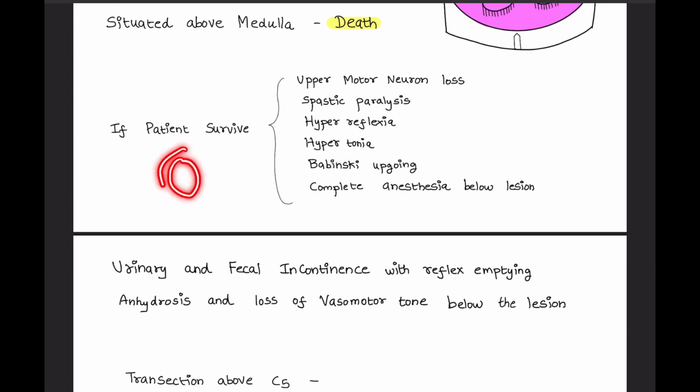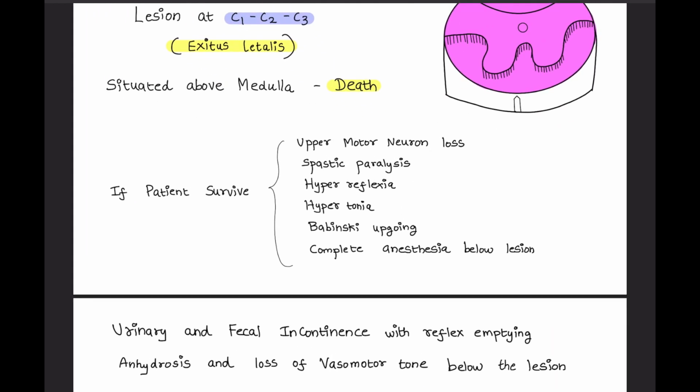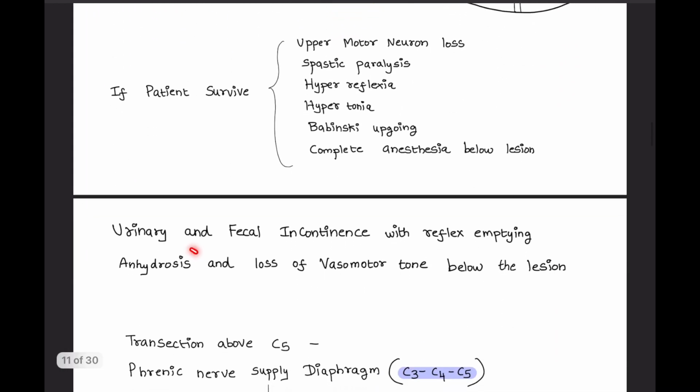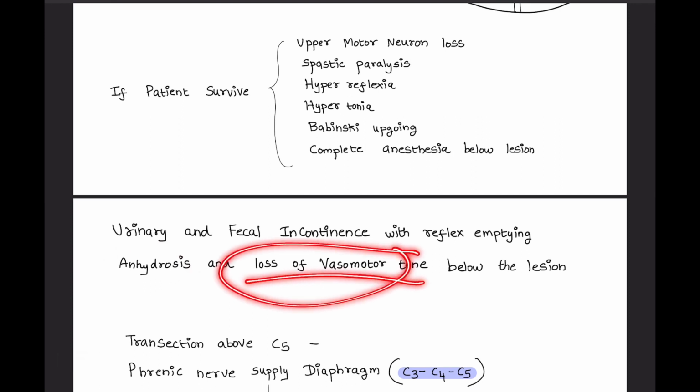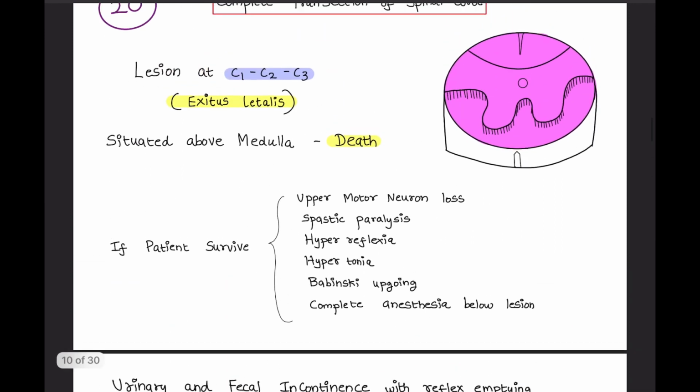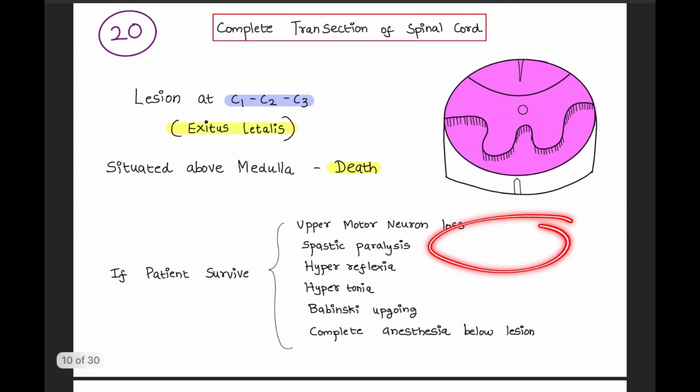There is also a sphincter muscle that keeps the bladder closed. But if there is a dysfunction, the bladder can no longer hold the urine. The patient may pass urine at any time, and the patient will also present with anhidrosis, loss of sweating, and loss of vasomotor tone below the lesion, that is from the next spinal cord segment.